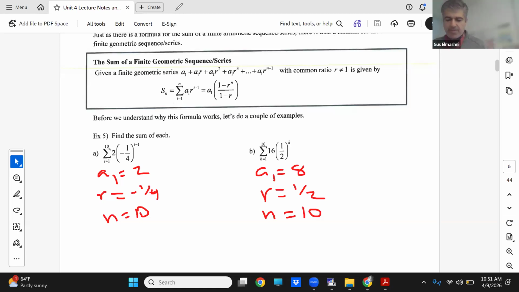Actually, I can do the derivation for you guys. We'll do it in a moment. It's not a terribly obvious derivation, but it's okay. What do you guys get for part A?